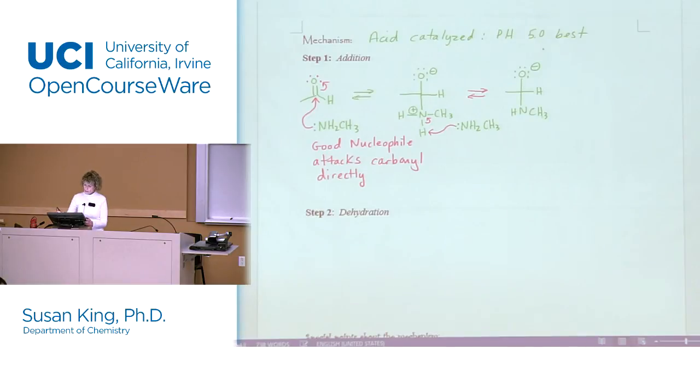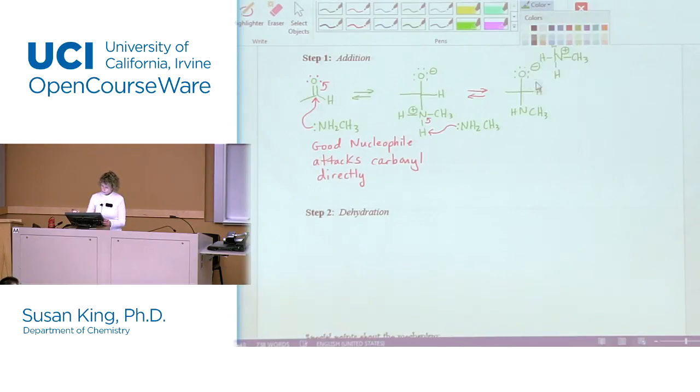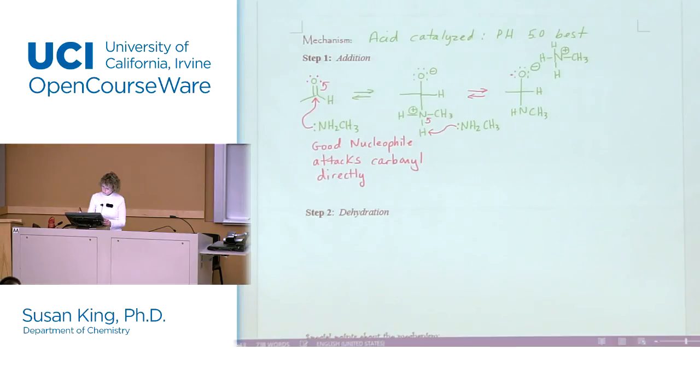So in that last step, I just made protonated amine, and that's what I'm going to use for this. All right, so it's going to come and grab a hydrogen.